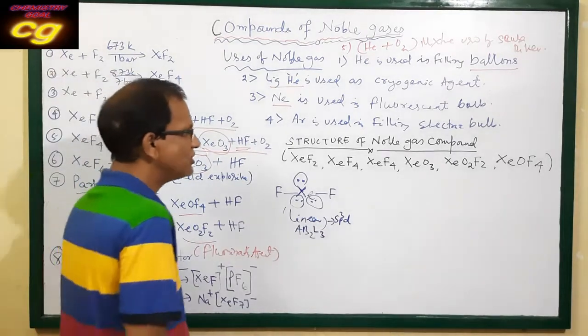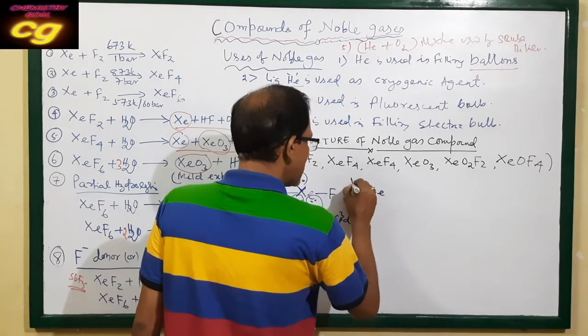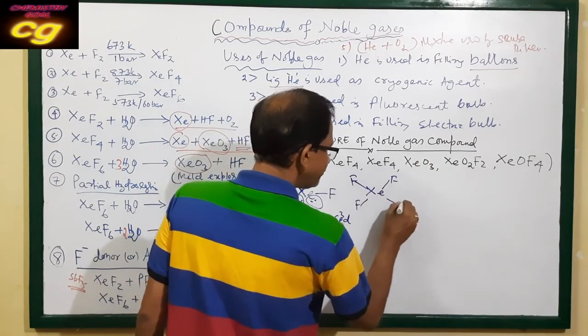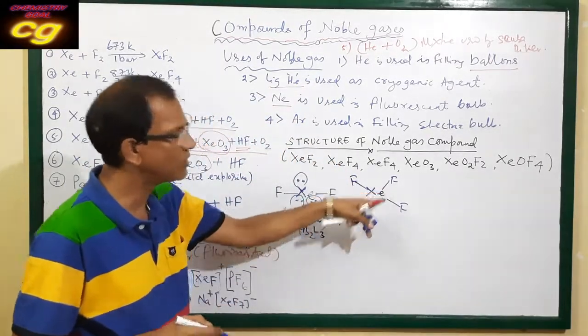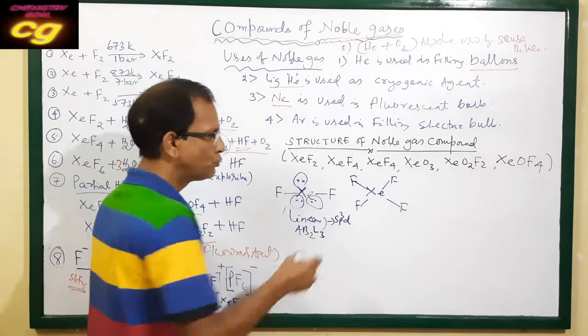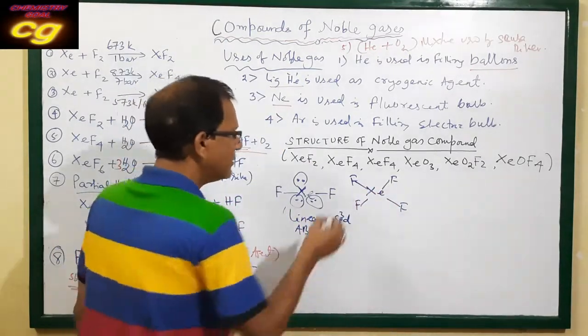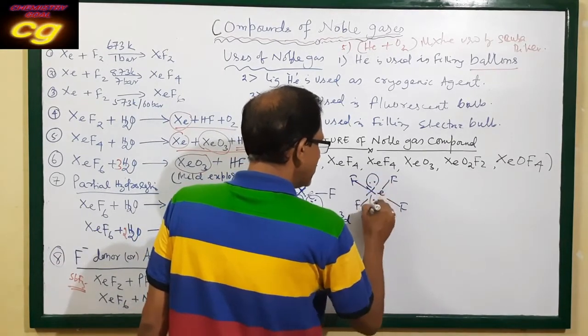Then come to xenon tetrafluoride. Out of 8 electrons, 4 electrons of xenon are shared with 4 fluorine atoms, and the remaining 2 lone pairs are one below, one above, like this.